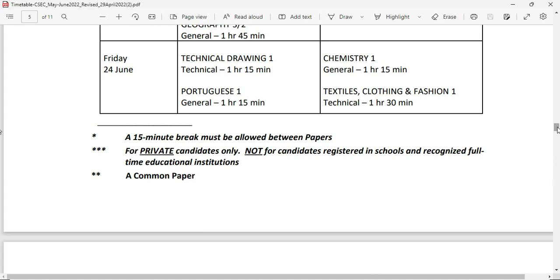If it's a single asterisk, there's a 15 minutes break, which must be allowed between papers. If there are 3 asterisks, the exam is for private candidates only, not for candidates registered in school and recognized full-time educational institution. The double asterisk means that it is a common paper.